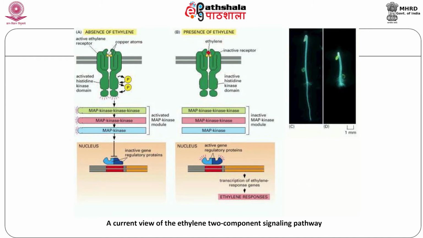Ethylene is an important plant hormone. This small gas molecule influences plant development in various ways, such as promotion of fruit ripening, leaf abscission and plant senescence. It also functions as a stress signal in response to wounding, infection and flooding.